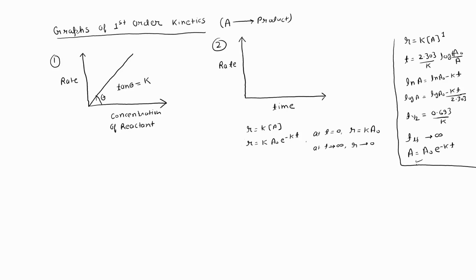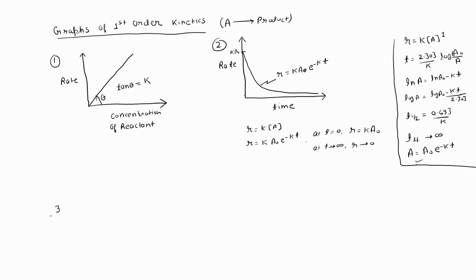So it will look like this, where this value is k a naught, and the curve is r equal to k a naught e to the power minus kt. Okay.